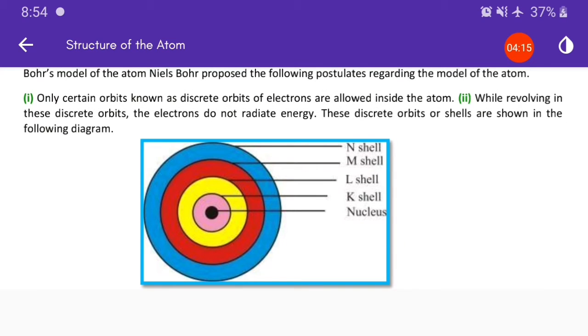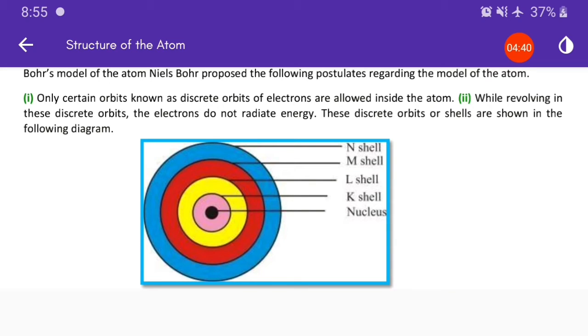It carries 2 marks and the remaining writing part carries 3 marks. The first point: only certain orbits known as discrete orbits of electrons are allowed inside the atom. Second point: while revolving in these discrete orbits, the electrons do not radiate energy.